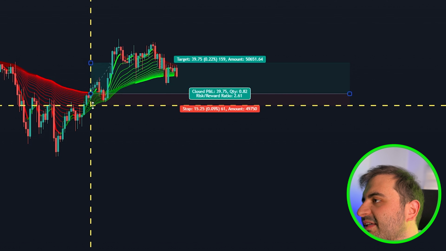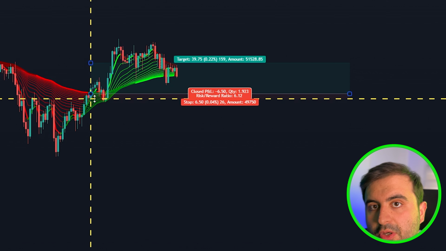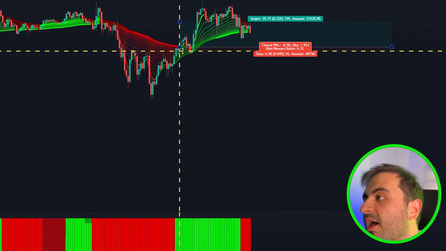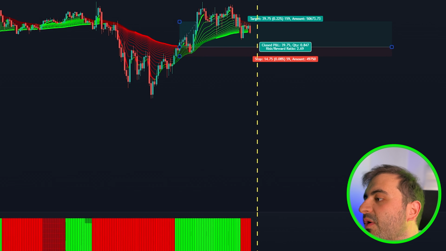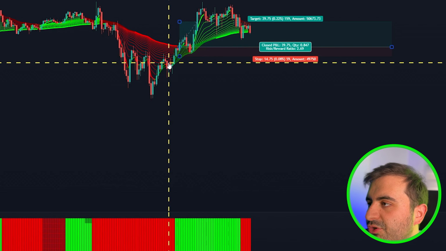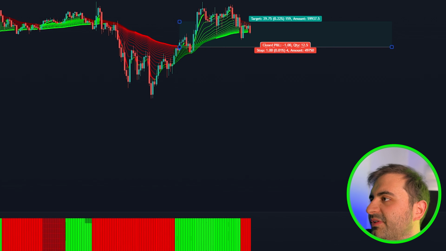So that's how we will manage the trade. And what we get here is two scenarios. We can wait until price hits our stop loss, I mean like a break even, and we make money anyway, right? Or you can close the rest of the position when you get a red from the Donchian Trend Ribbon. So let's say that we keep our position and let's hit the play button.